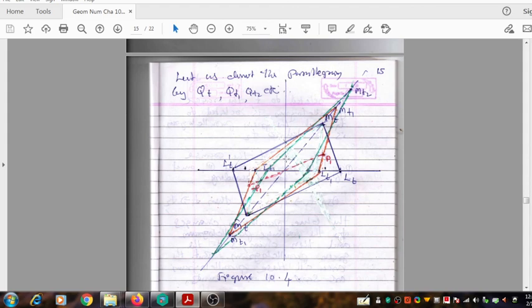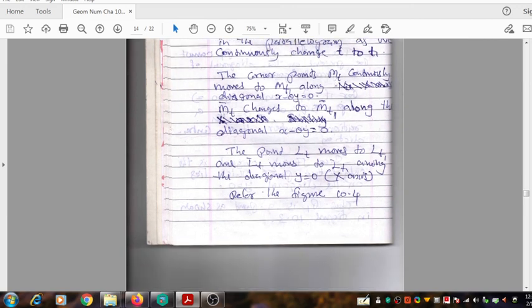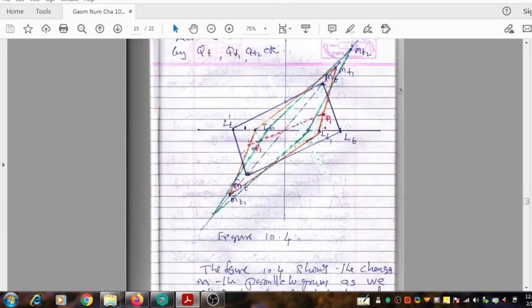Okay, then we can see that M bar T and MT, where it changes, move along the other diagonal, but LT and L bar T move along the x-axis.